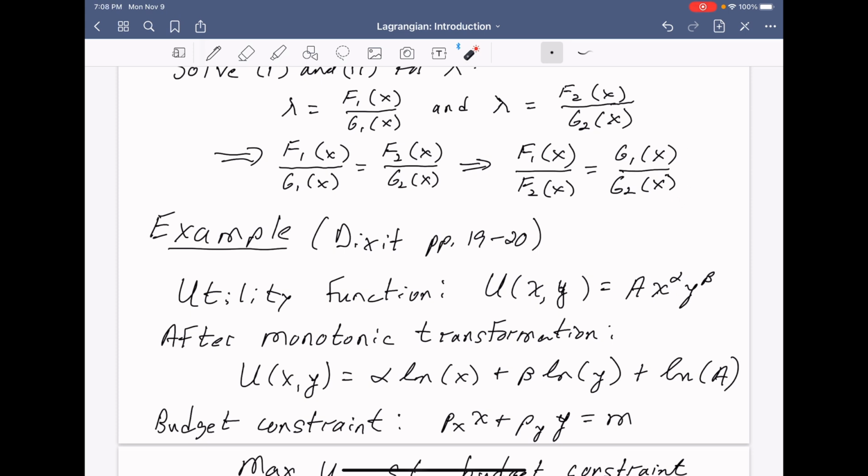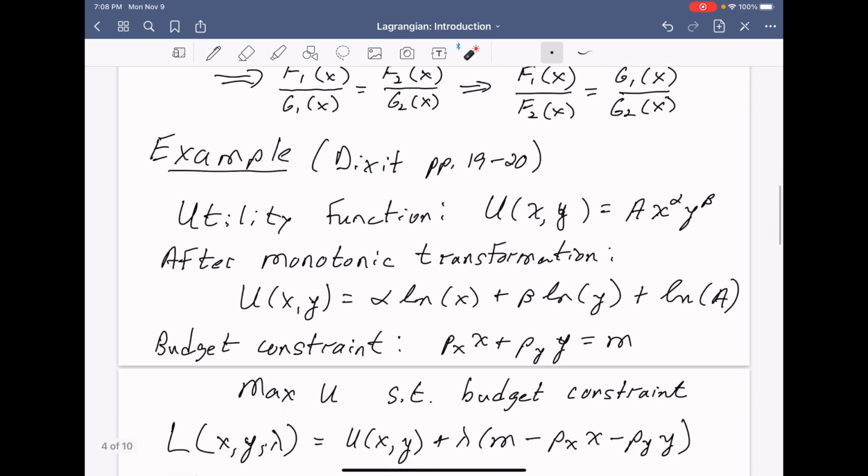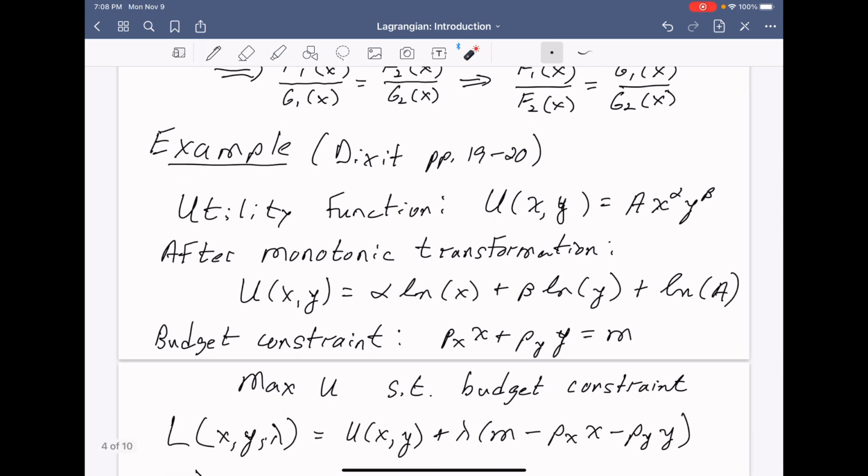So let's draw upon the example of Dixit on pages 19 and 20. So we have a utility function. In this case, utility is a function of x and y rather than q1 and q2. I'm trying to make it a bit easier to just work through. And we get a Cobb-Douglas utility functional form.